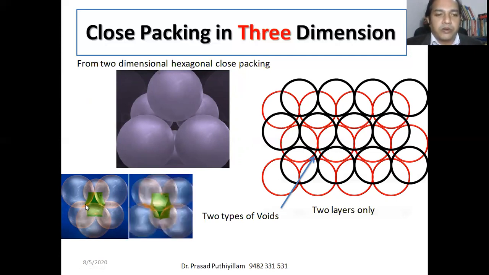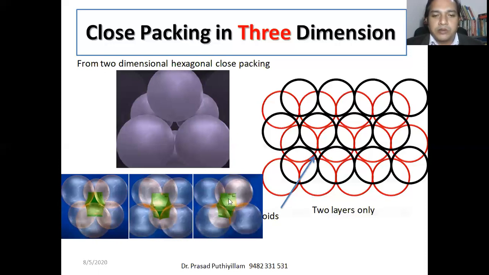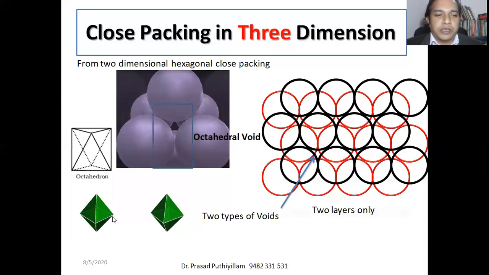Or if you rearrange it, or rotate it, the appearance will be like this also. That will be an octahedron, which means it has 8 sides. The octahedral geometry is given, and a three-dimensional animated image is also given here for better clarity.